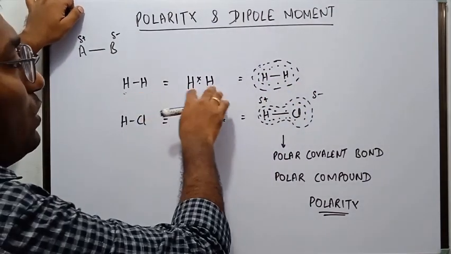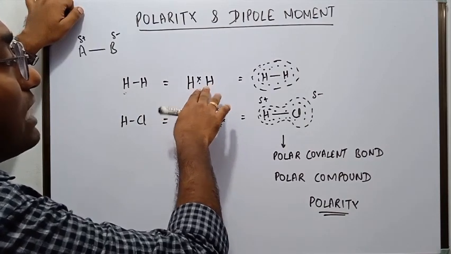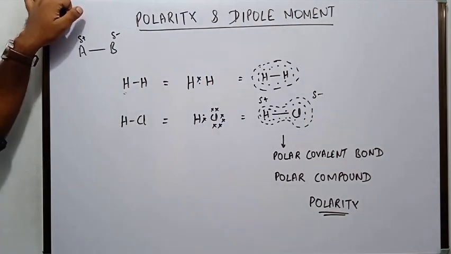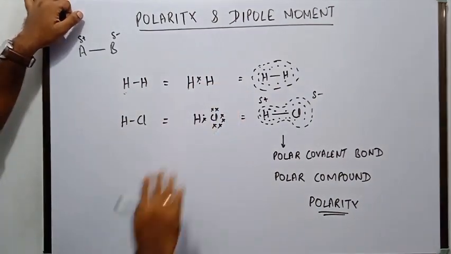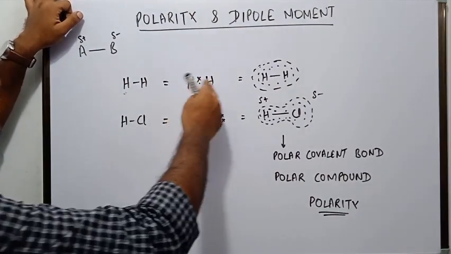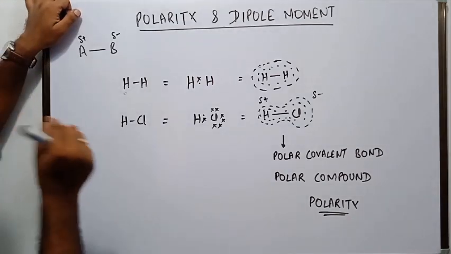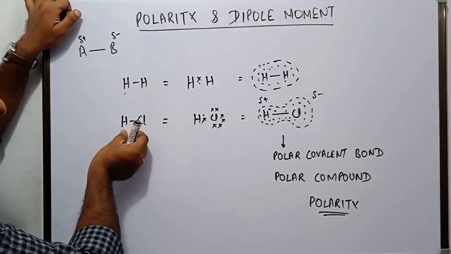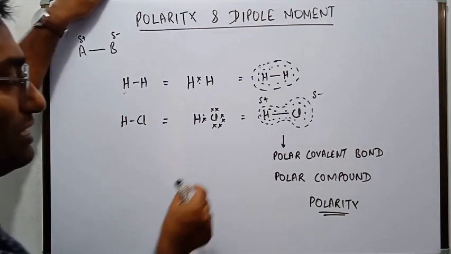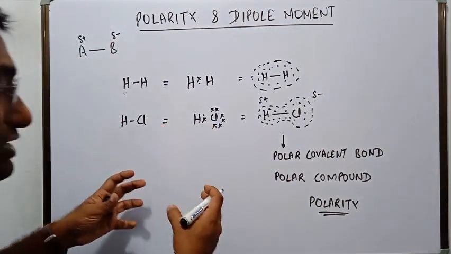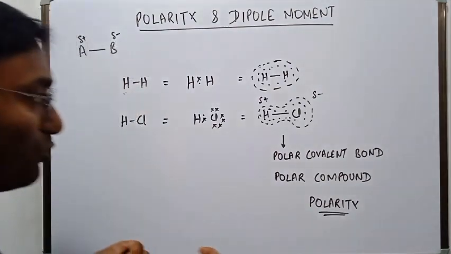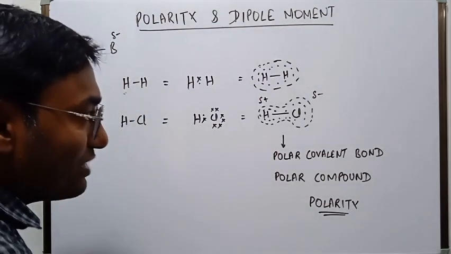In H2, both the H atoms have the same electronegativity, the same magnitude of electropositivity. But in the case of HCl, there is a difference in electronegativity of the two atoms, that is, the difference in the power of withdrawing electrons towards itself, which is what electronegativity is.